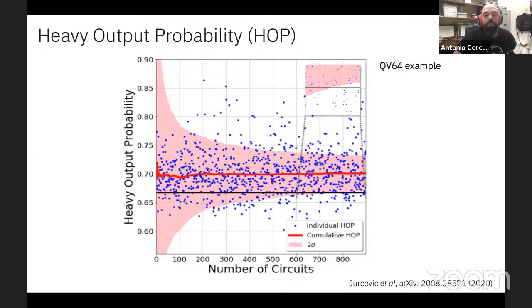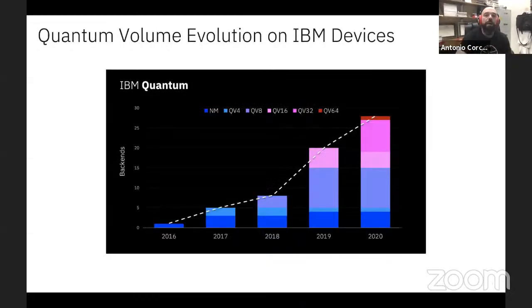It could be that you keep increasing the number of qubits and your sigma never reduces enough so that you can claim success. Then you will stop at the previous step for the quantum volume. So far, since we defined this and started looking at our devices for quantum volume, we have improved it by quite a bit, and we aim at doubling every year, and we have been doing so for the last 3 or 4 years, basically since we defined the metric.